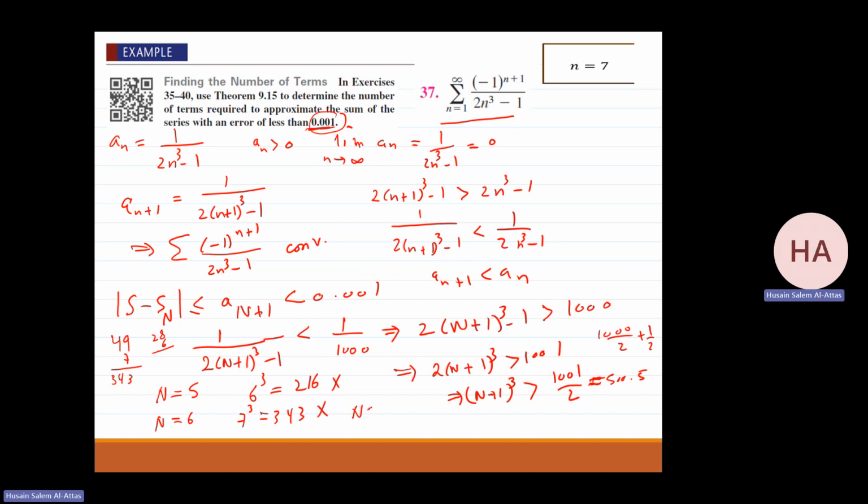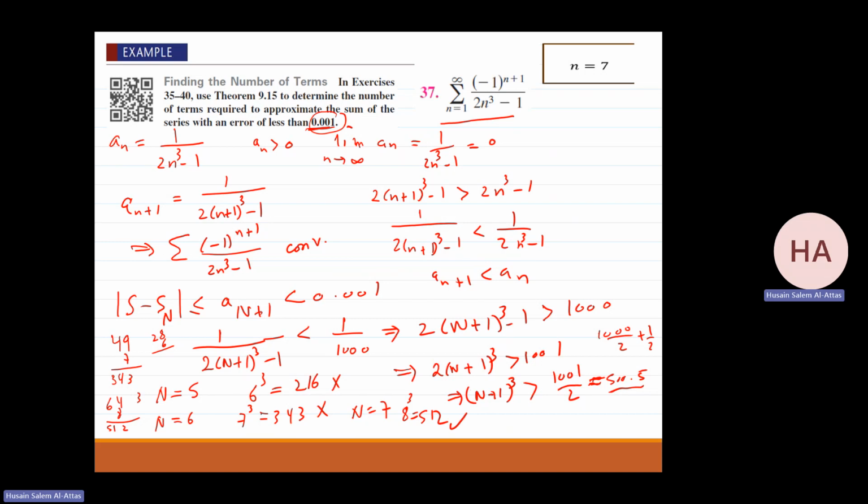What about capital N equals 7? We have 8 cubed, which is 64 times 8, that will be 512, which is clearly greater than this. So this is okay.